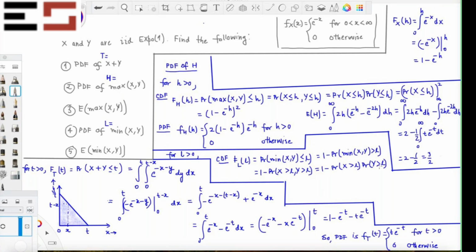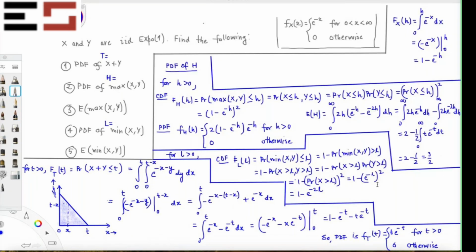And because they are identically distributed, we can also write it like this, which is nothing but, which is equal to 1 minus, please check the calculations, just in case. Okay, is that fine? Is that okay?